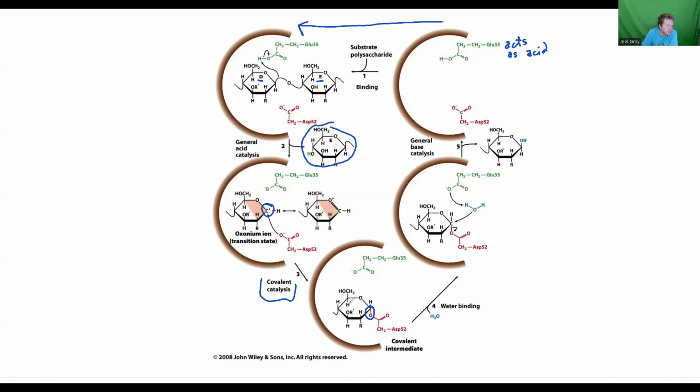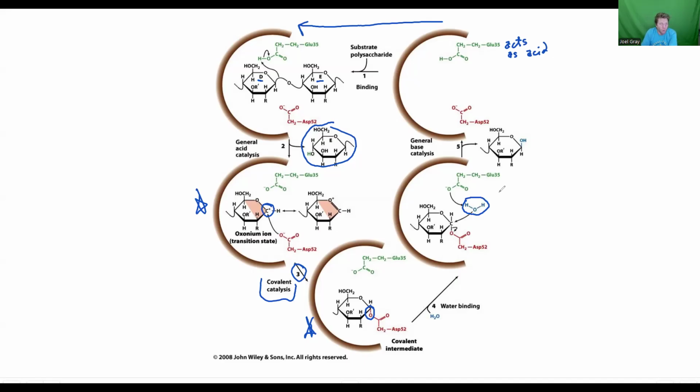So at this point, in step number 3, moving from this cell to this cell, we have our covalent bond between our substrate and our enzyme. Now, we want to get rid of that because we want our enzyme to regenerate and do the reaction again. And so what do we bring in? We bring in our old friend water. Water comes in, breaks that covalent bond.